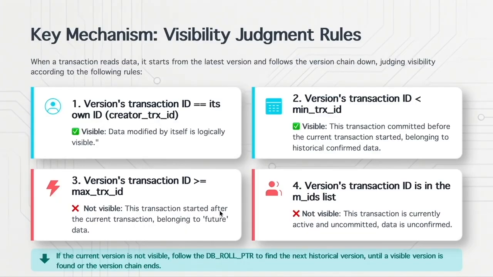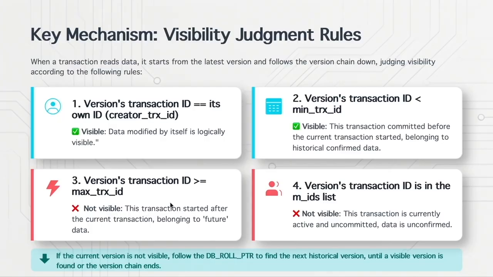But how does the read view determine visibility? When a transaction reads data, it starts from the latest version and follows the version chain down, judging visibility according to the following rules. First, if the version was created by the transaction itself, it's visible. Second, if the version's transaction ID is less than the minimal active ID, it means that the transaction has already committed, so the version is visible.